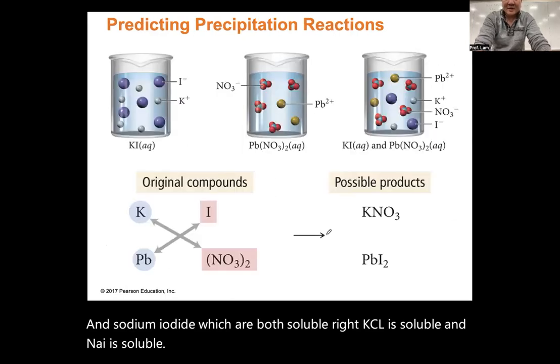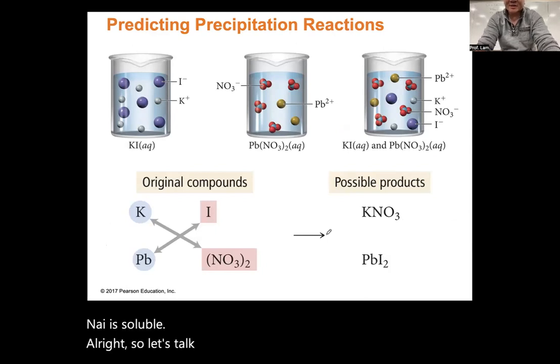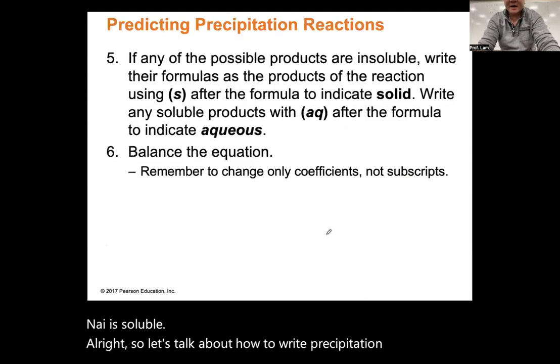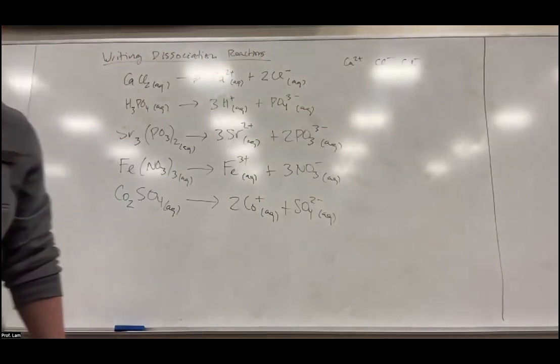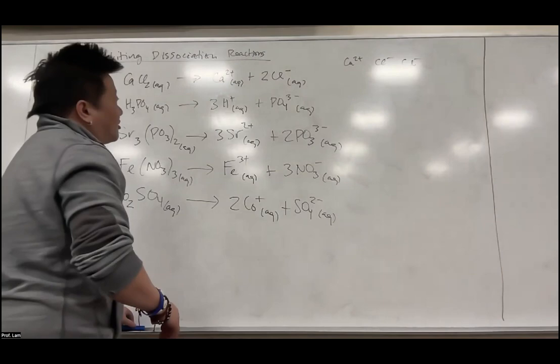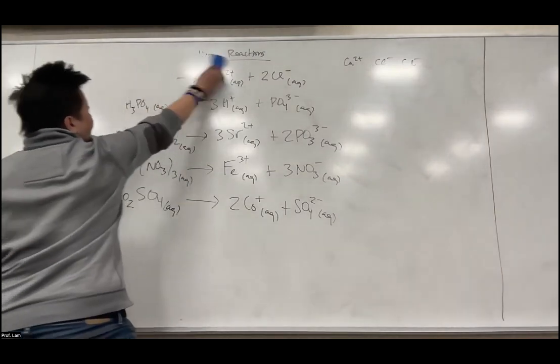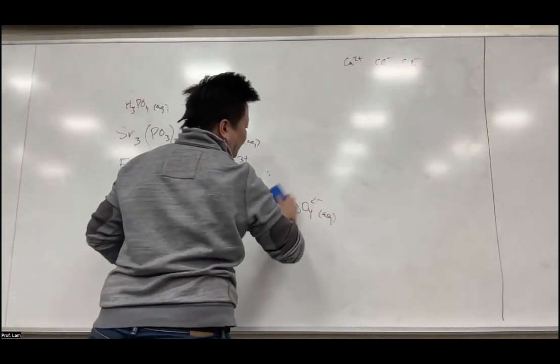KCl is soluble and NaI is soluble. All right, so let's talk about how to write precipitation reactions. I have to remind you guys about the double displacement reaction, which I showed you in lab one time. But let's review that real quick.